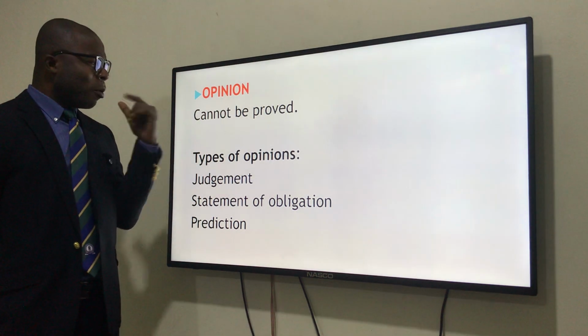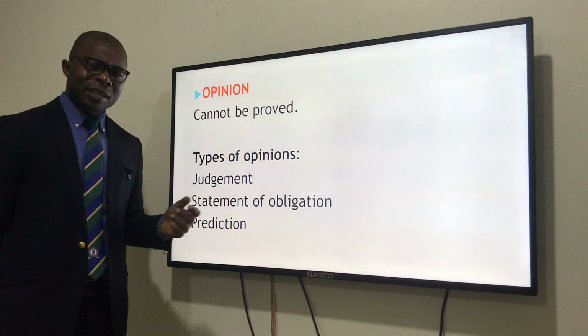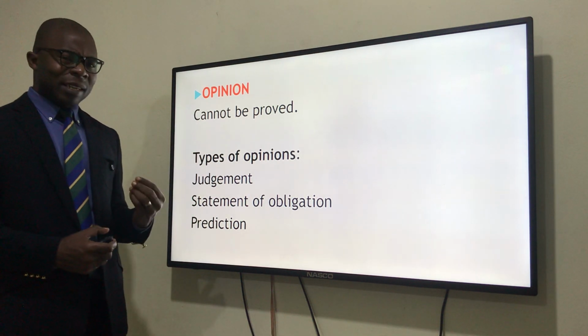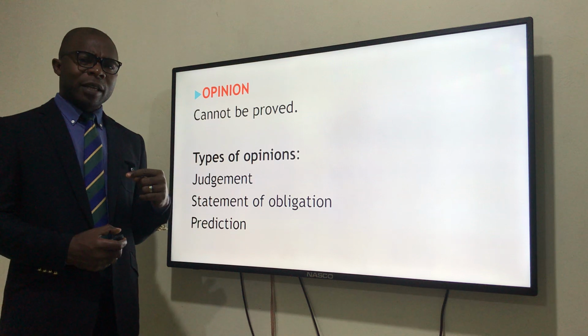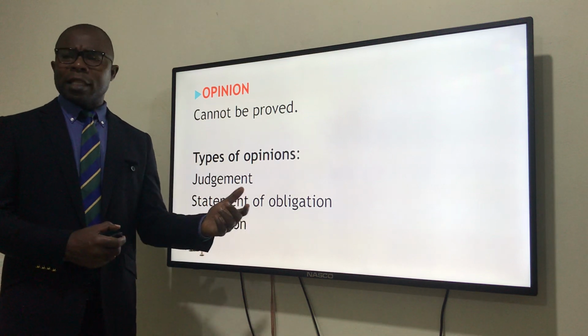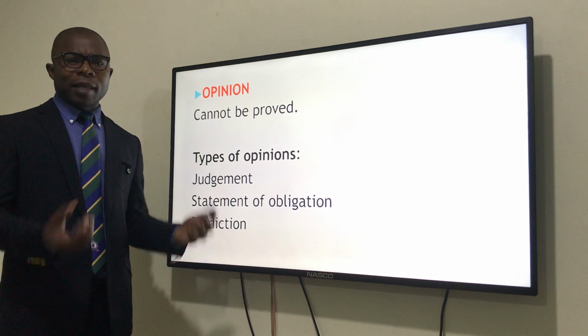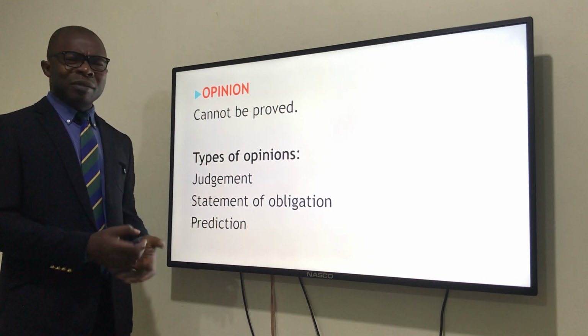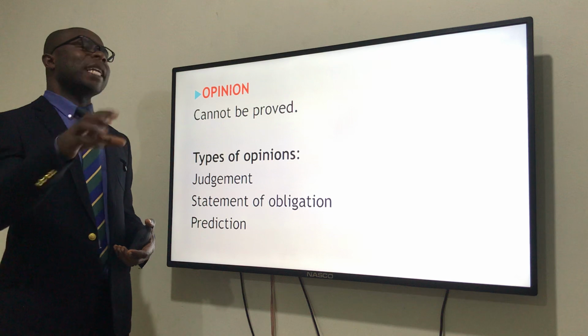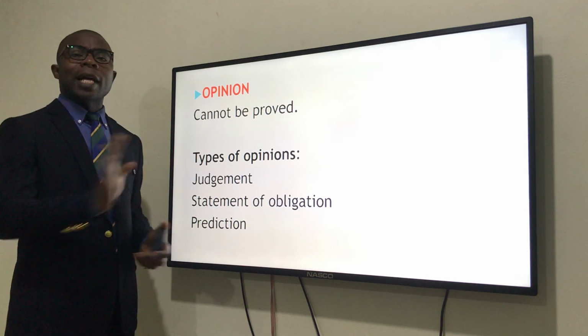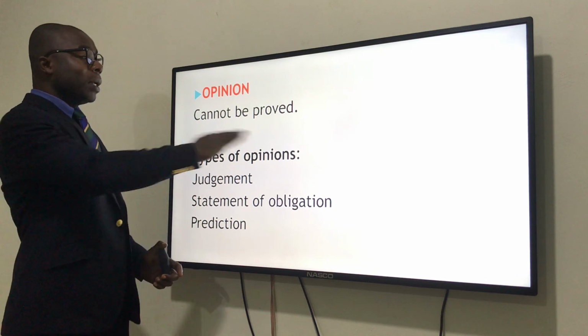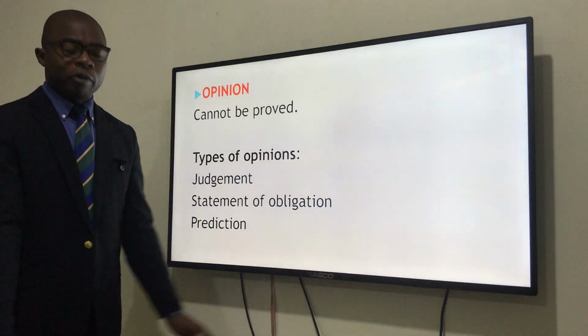If opinions cannot be proved, then the question, what if they are proved, does not exist. It is irrelevant. The thing cannot be proved, and the question as to what if it is proved does not exist. Because simply put, opinions cannot be proved.